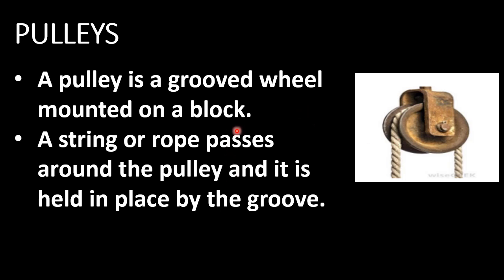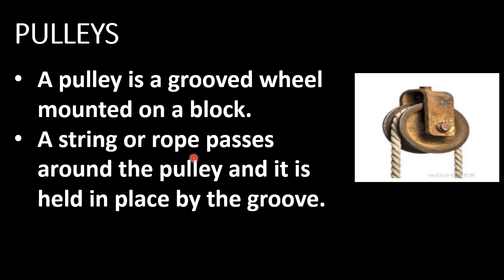Alright, so that's a pulley definition. What is a pulley? It's a grooved wheel. Groove is where the string passes. So it's a grooved wheel mounted on a block. This is a block.